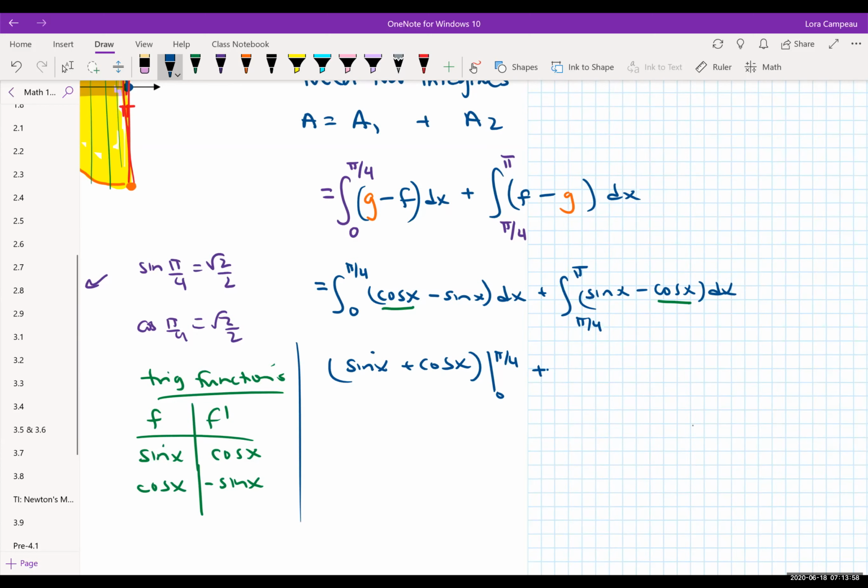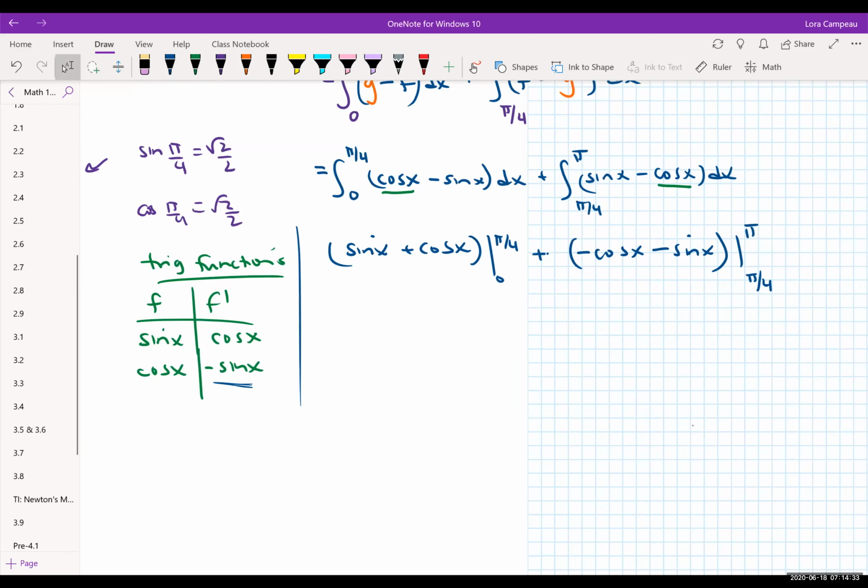The integral of sine x is negative cosine x. So let's pull that out: negative cosine x, minus the integral of cosine x, which is sine x. So it's the signs, plus or minus, that are going to determine issues for us all. Now we're integrating with respect to x on pi over 4 to pi. Be careful, we can't just take any of these out. We're going to have to take a little time on this.